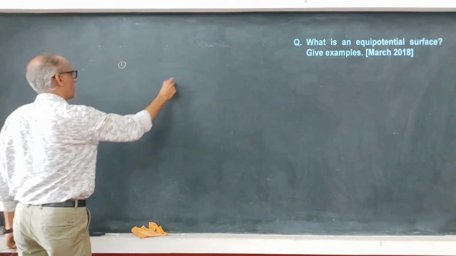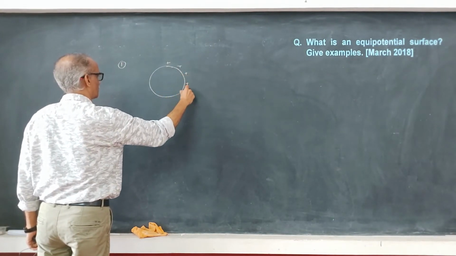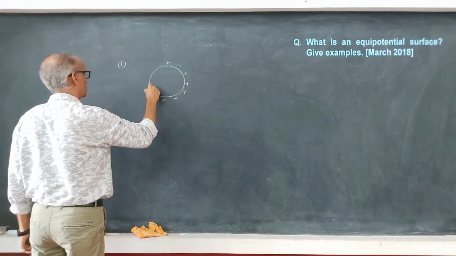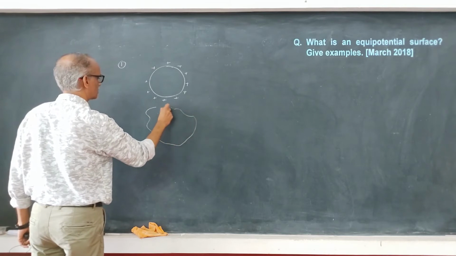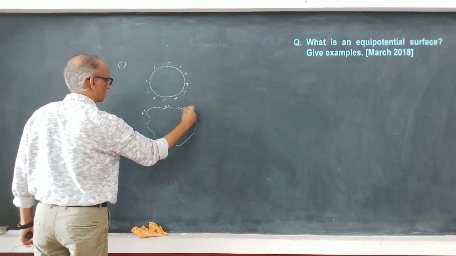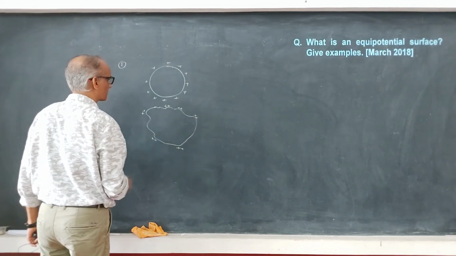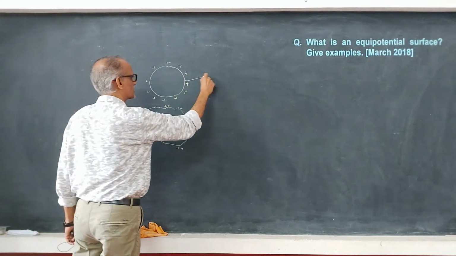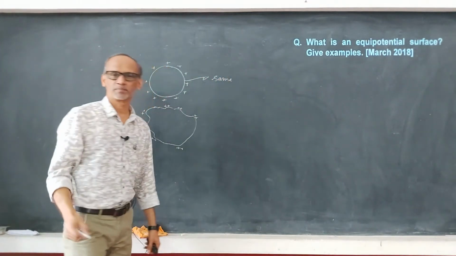For example, if I consider a charged sphere, not only a charged sphere, but a charged conductor of any shape, in this case, the potential on the surface is same at each and every point.